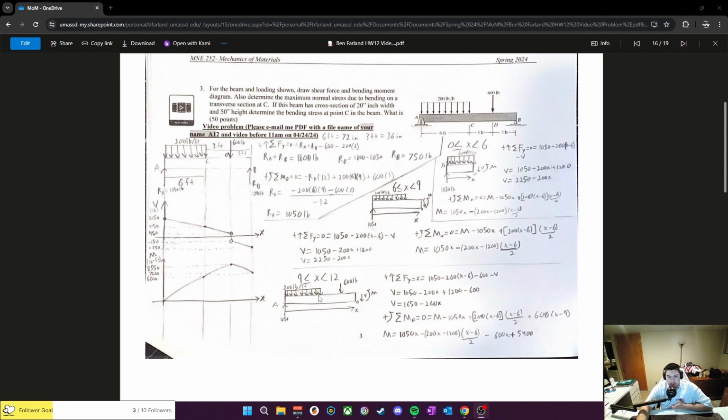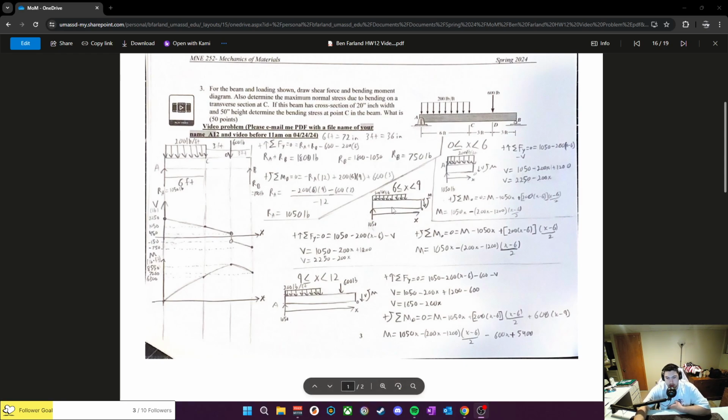And for the final section, including 9 to x not including 12, we can do the same, creating the section with the distributed load onto the top left side, the reaction force at A of 1050, and then we can also add the point load at D of 600 pounds. With the shear force going down, bending moment going counterclockwise. With x, we can do the same.